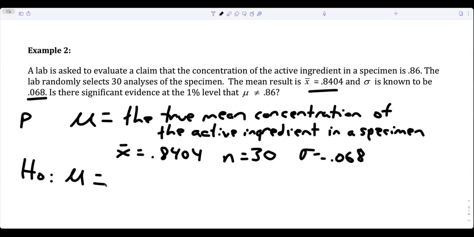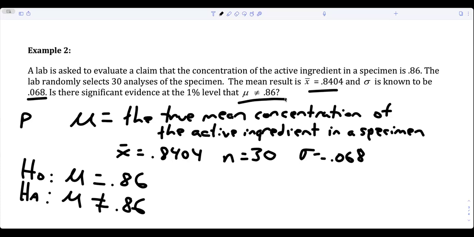And it's a z-test again because I know the standard deviation of the population, which many times you don't know, but here's an example where we do. So I've got mu equals 0.86, and my alternative is mu is not equal to 0.86, because that was given in the stem of the problem.